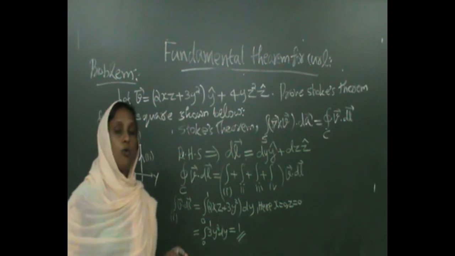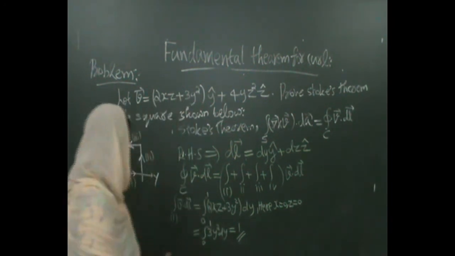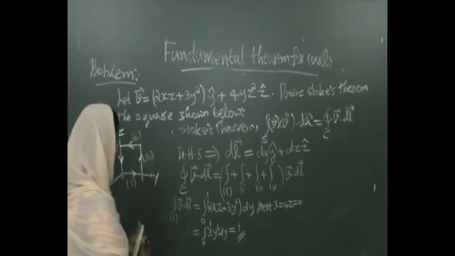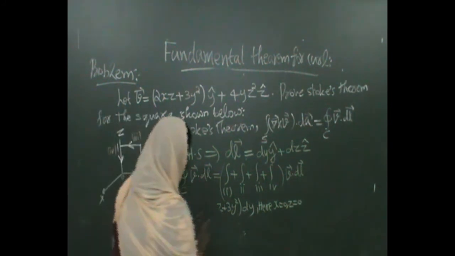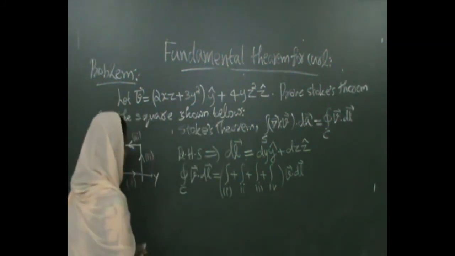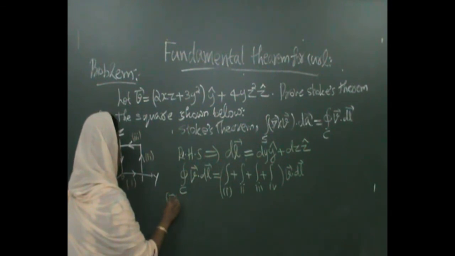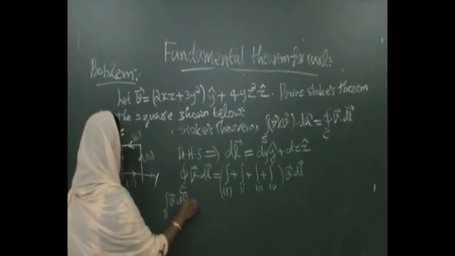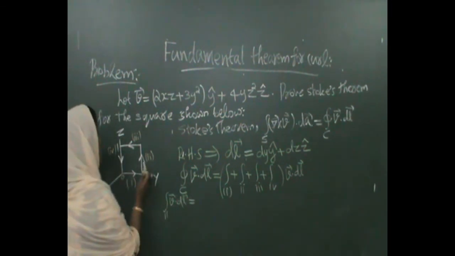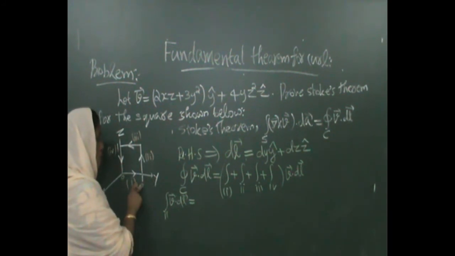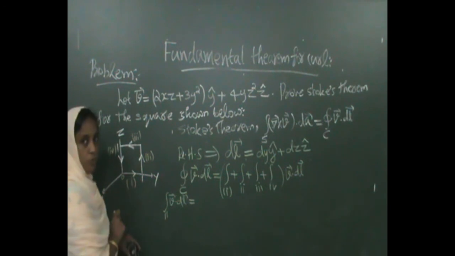Now we can do the line integral over this path 2 along this direction. So integration over path 2 V dot dl. This is along the z direction. So here y equal to 1, x equal to 0.